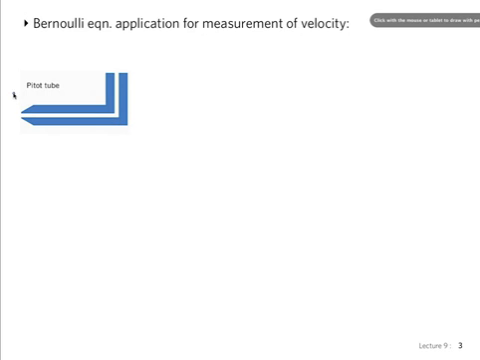So it's an open-ended tube which, when we put it against some sort of wind, some incoming fluid, and connect it to a pressure sensor, a manometer for example, or any other sort of pressure sensor, will give me the stagnation pressure because the velocity is 0 here.